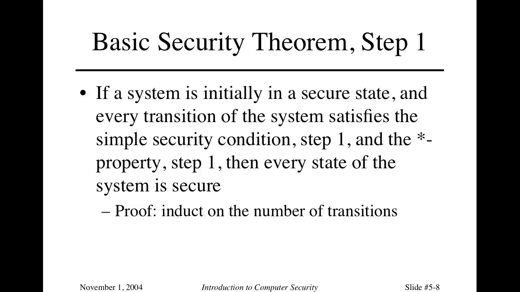In other words, we can also say we only allow reads down or writes up. So that's the complete access control model. But this is the simple model. We will later develop a more complex model, but the rules and basic idea are the same.